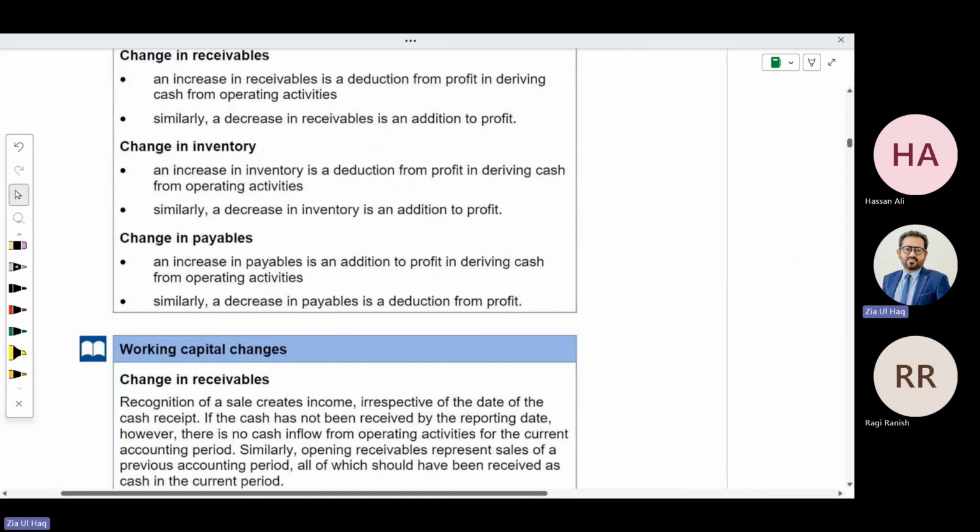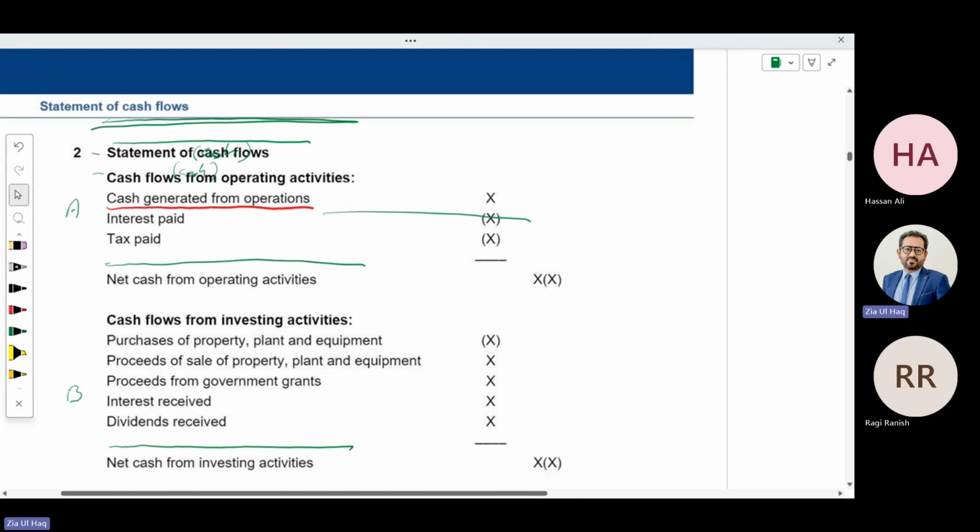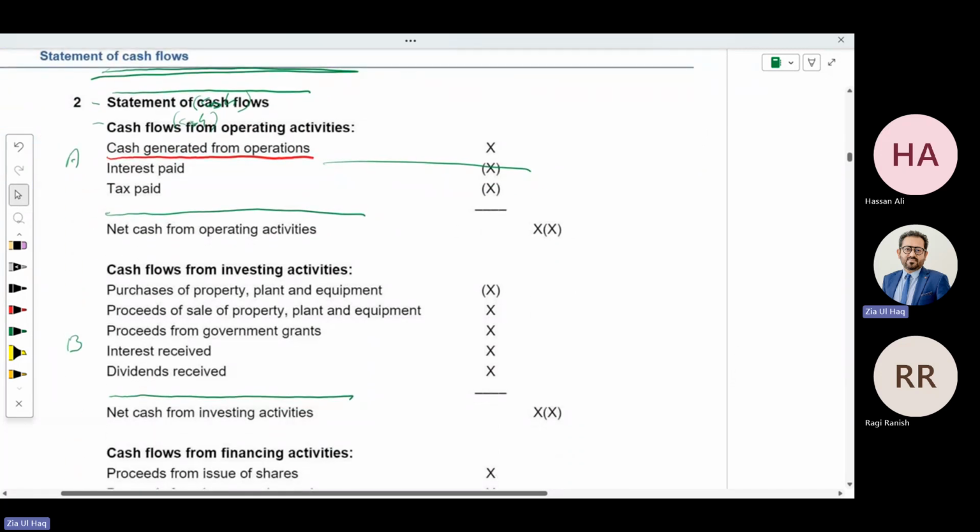And from cash generated from operations, we need to deduct interest paid and tax paid. How can we calculate interest paid and tax paid if it is not given in the question? We are going to learn by opening the interest payable account and tax payable account. From the account, we can find the figures for interest paid and tax paid.